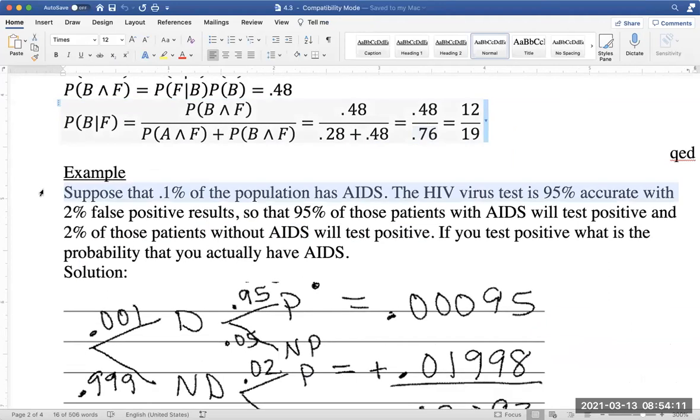So let me do the following. I was reading, this was actually a few years ago, an article in a newspaper, and it was talking about a meeting in Congress, and there was a discussion about whether to test everyone in the United States for the HIV virus test.